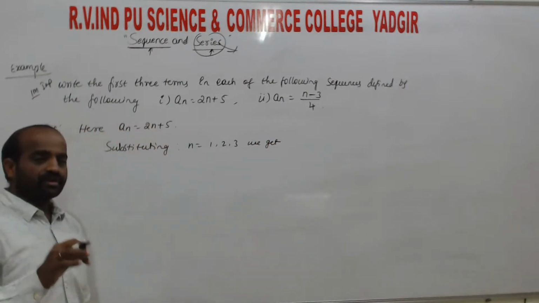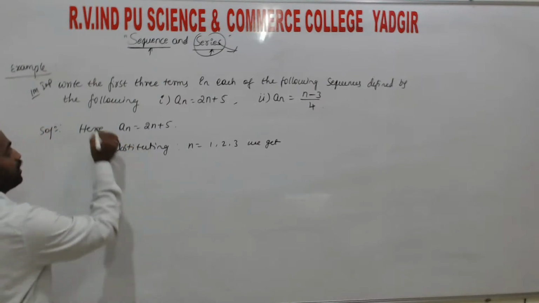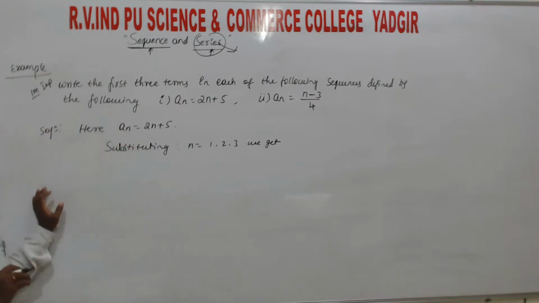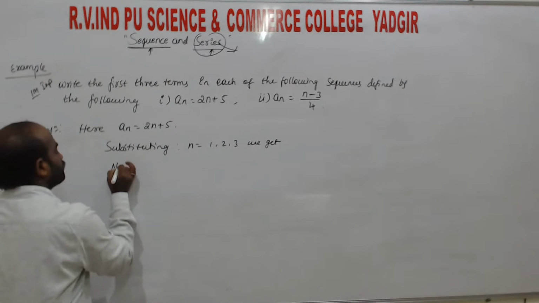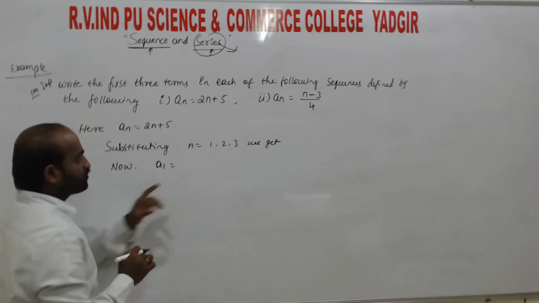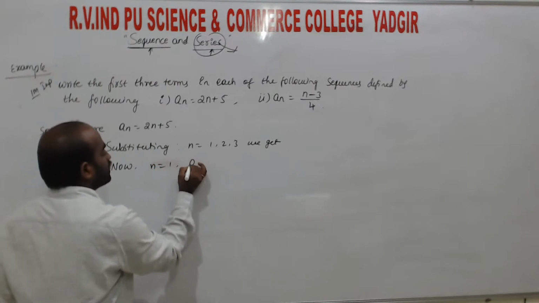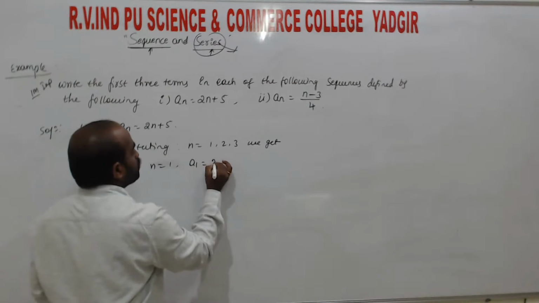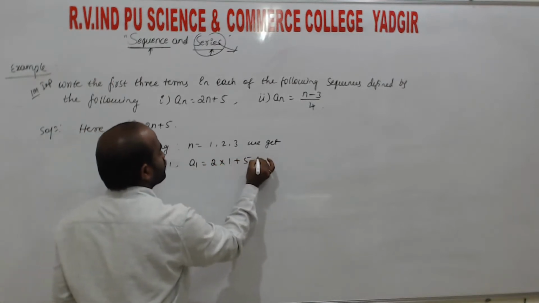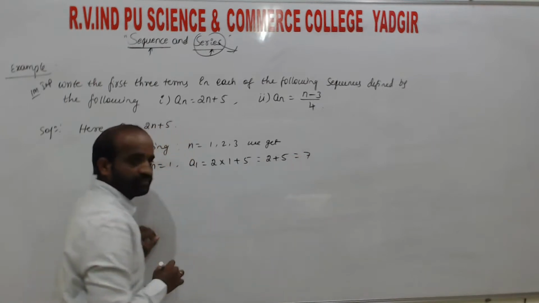For the first 5 terms, n equal to 1, 2, 3, 4, 5. Now we have to find a1, a2, a3. Now a1: n equal to 1 first. n equal to 1, a1 equal to 2 into 1 plus 5. 2 into 1 is 2, plus 5 is 7.